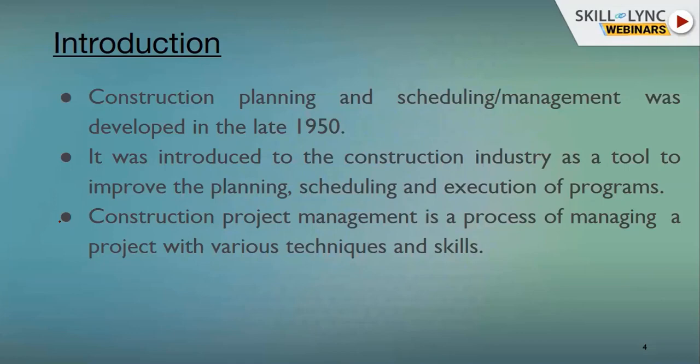Or, to define it another way, it is a collective effort of employers and employees to achieve a specific and desired objective with available capital, equipment, and materials. Having these resources, we can fulfill the project, and that needs construction project management.